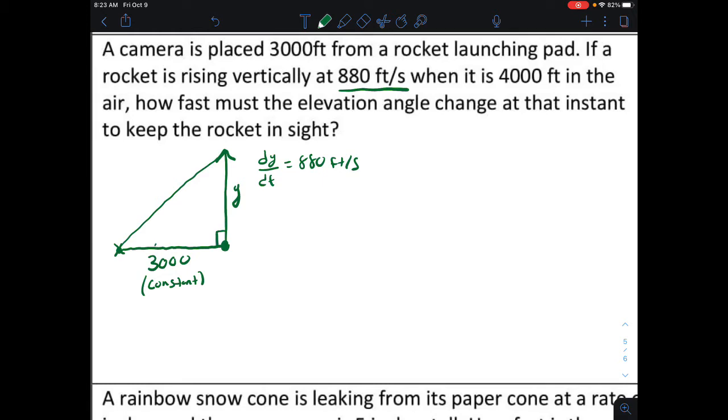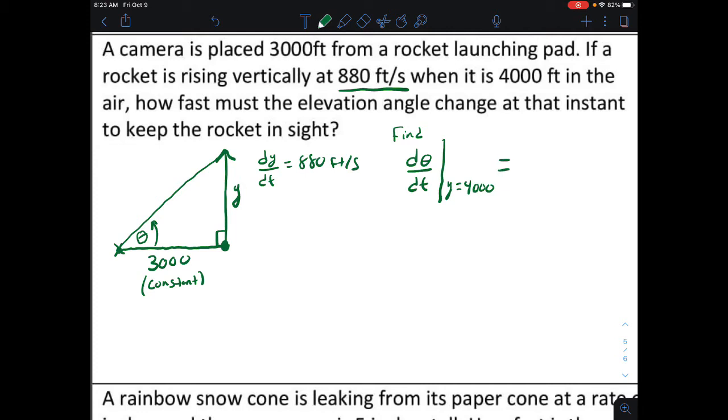The elevation angle here is going to be indicated, and I'm going to use theta. So we're trying to find the rate of change of our angle, d theta over dt, when the rocket is 4,000 feet in the air, so when y is equal to 4,000.